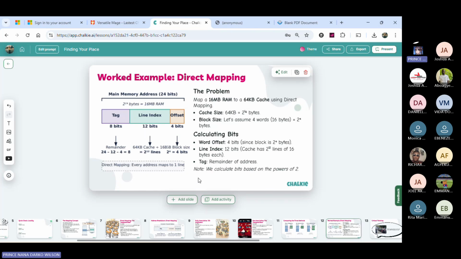And there's also the word offset, which is 4 bits. We don't know how to find that right now. So just write these two down. Cache size 64 kilobytes, block size, we are assuming it's 16 bytes. And after you've written that, let me know so that I can move on to the PDF and demonstrate what I need to do.